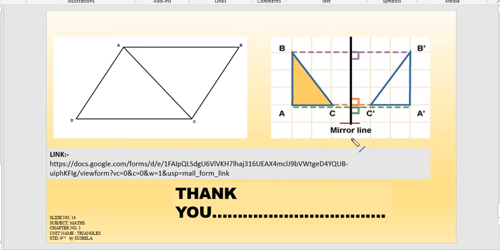And in this picture, here is one triangle and here is one triangle. ADC is one triangle, ABC is the second triangle.